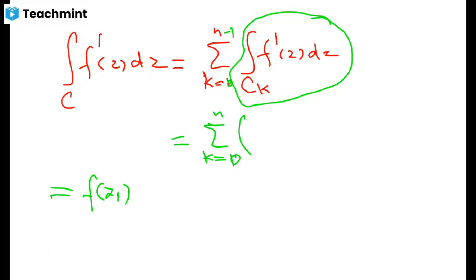It has to be f of z of tk plus 1 minus f of z of tk.